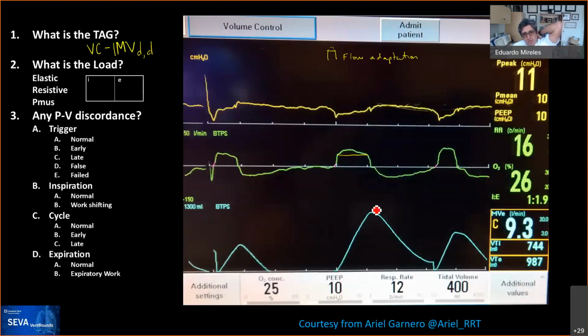And so now you come to see this breath, and you can now understand the difference in I times that occurs between these three. The difference in I times is ruled by the fact that you set a tidal volume at 400, and this patient was pulling 1,300 cc's of tidal volume. So the machine doesn't shut it off.